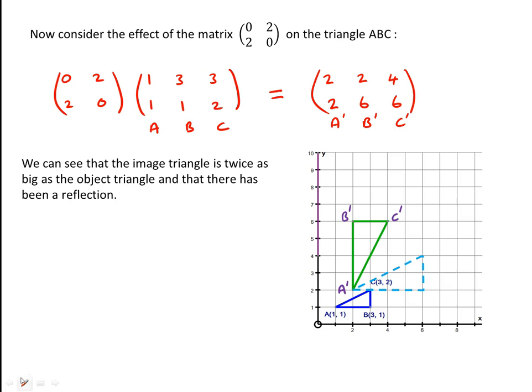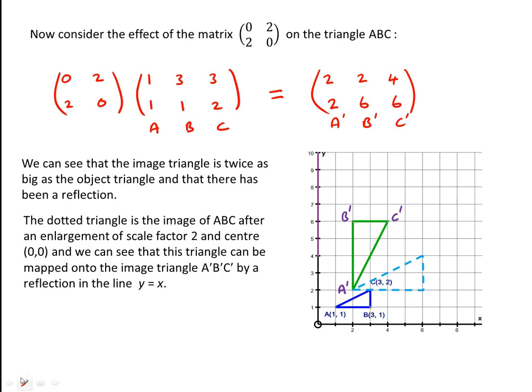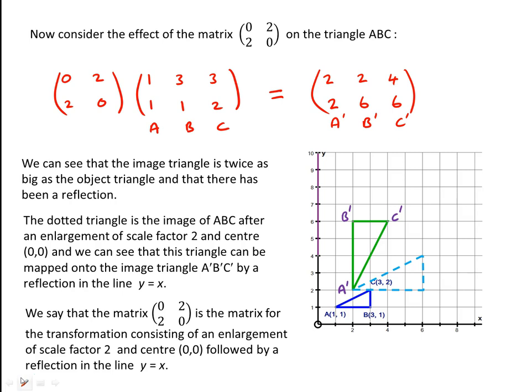And to move the dotted triangle onto the final image triangle, we need to do a reflection in the line y equals x. So we can say that the matrix 0, 2, 2, 0 has the same effect as an enlargement of scale factor 2 and centre the origin, followed by a reflection in the line y equals x.